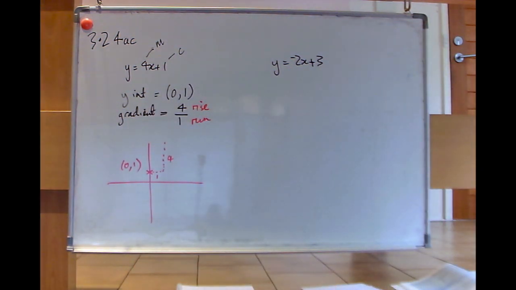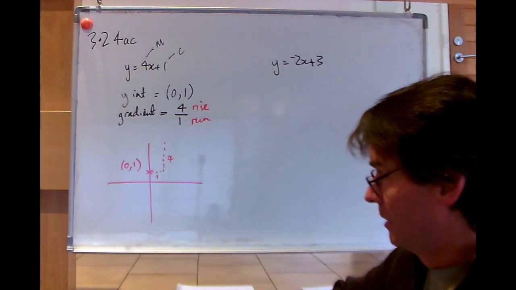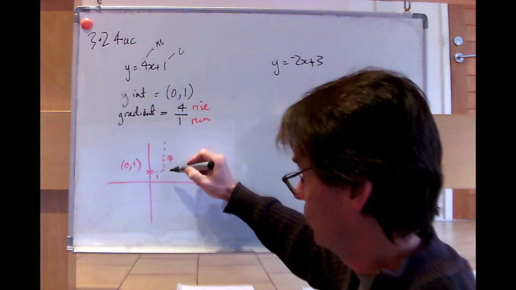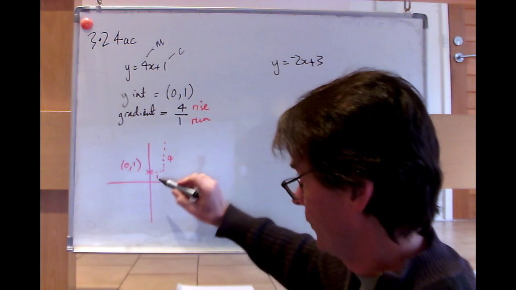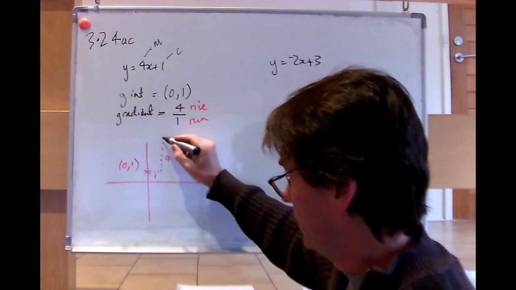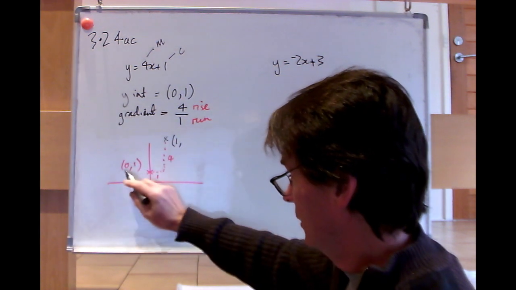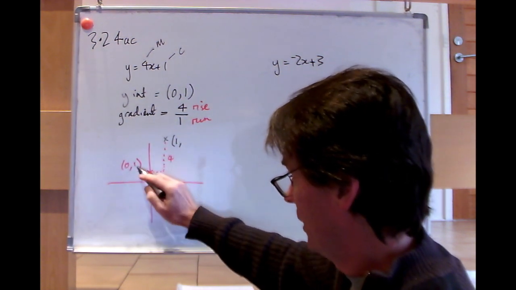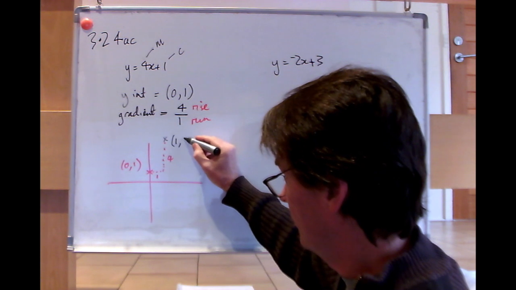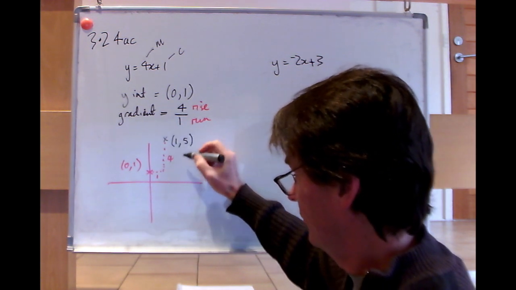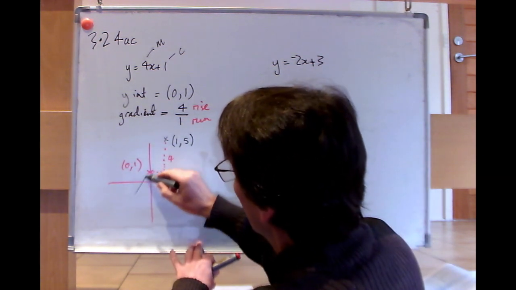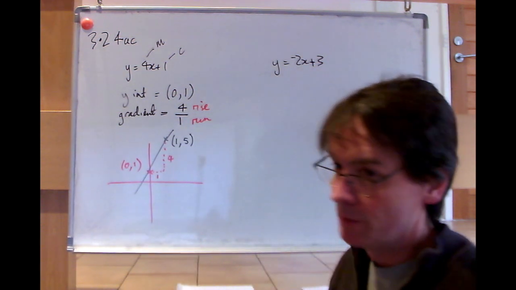Run is 1, so I go across to the right 1, and then rise is 4, so I go up 4. So that's going to be the point 1, 5. I've gone across 1 on the x, and I go up 4 from there, so I'll get to 5. And I can join them up into a sketch.